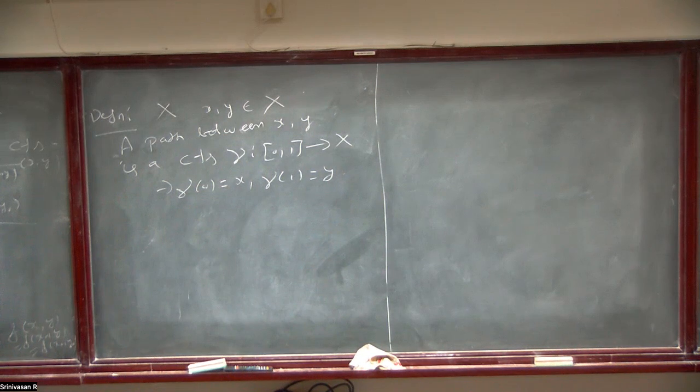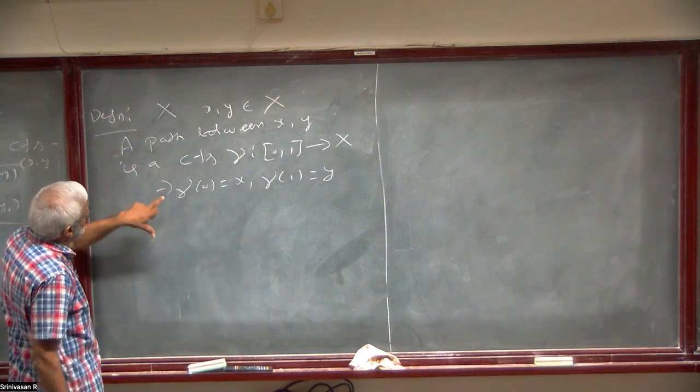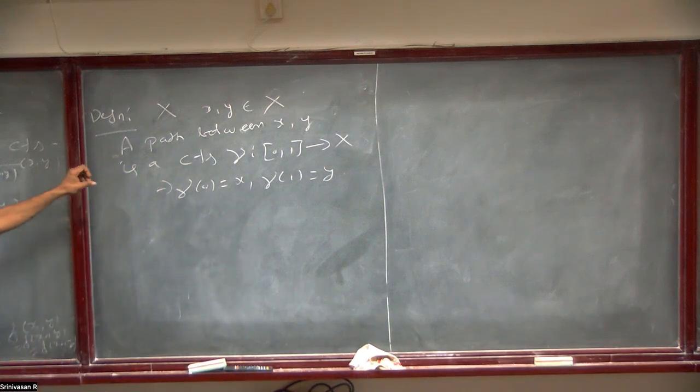And we say two points in X are path connected. It's important: we may consider some S, which may be a subset, then its path should be completely inside S. There is nothing outside.